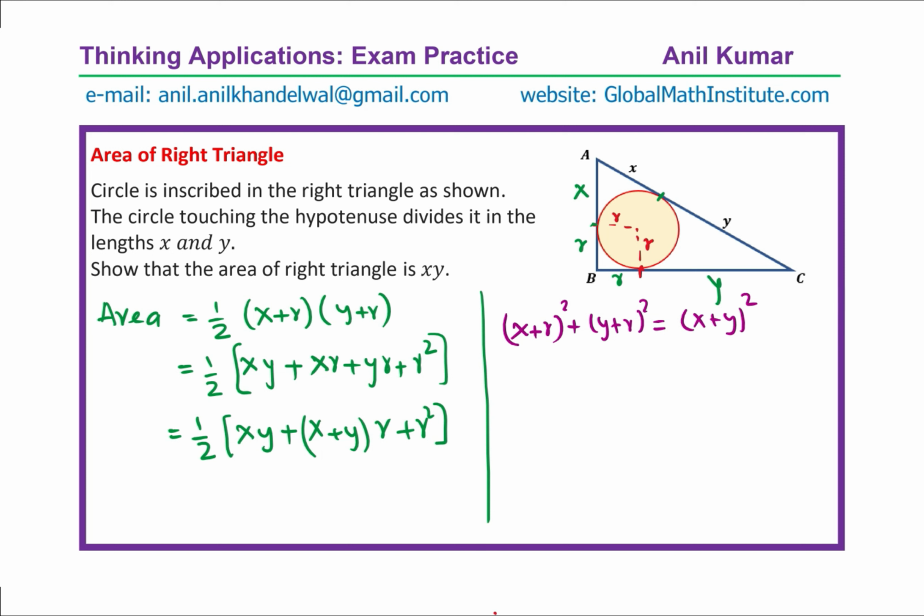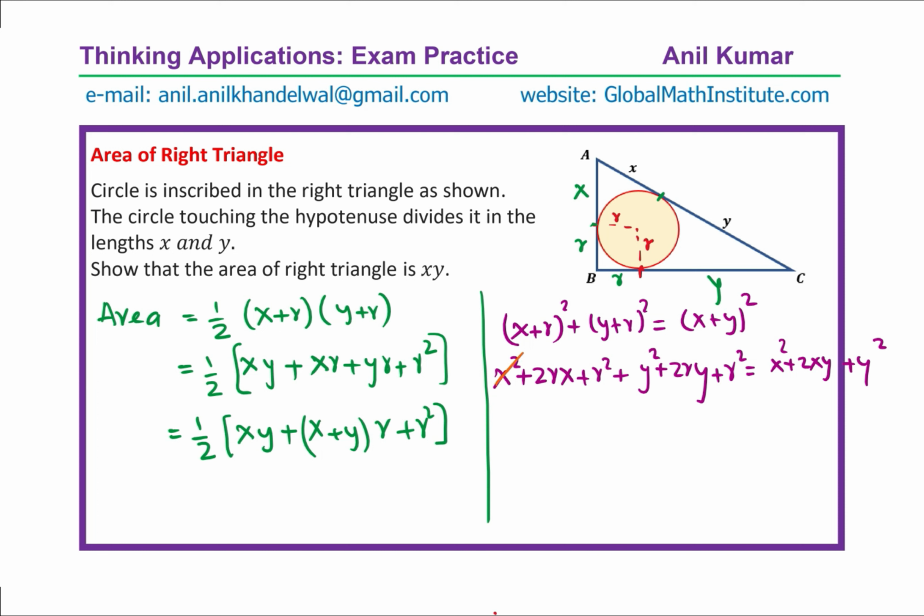And let us see what do we get out of this. So if you expand, we get x square plus 2rx plus r square plus y square plus 2ry plus r square is equal to x square plus 2xy plus y square, correct?